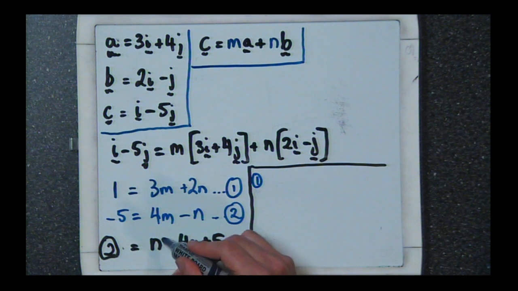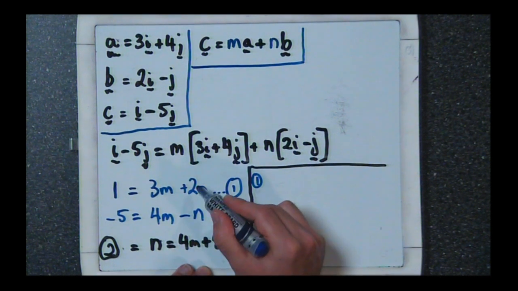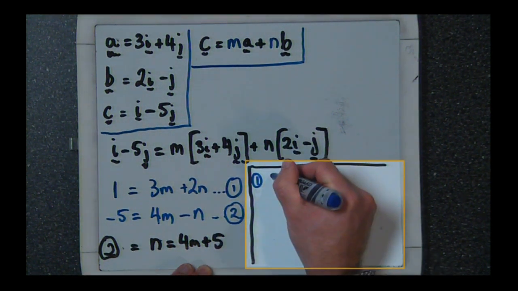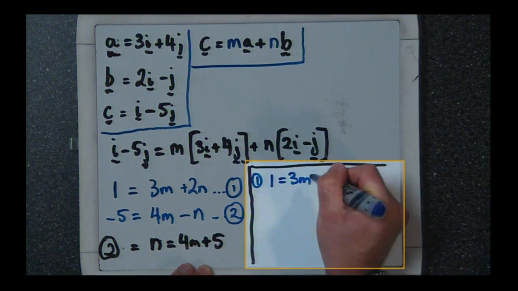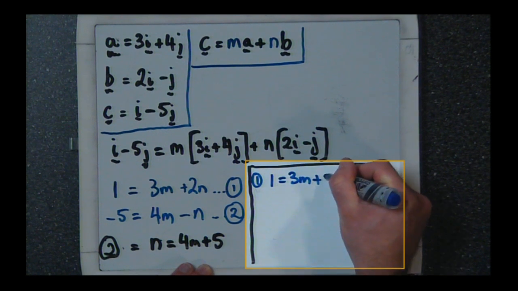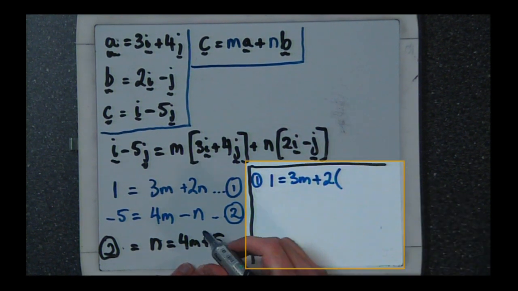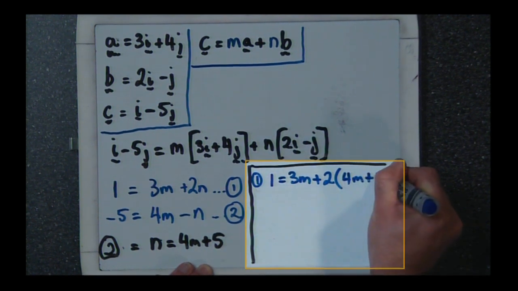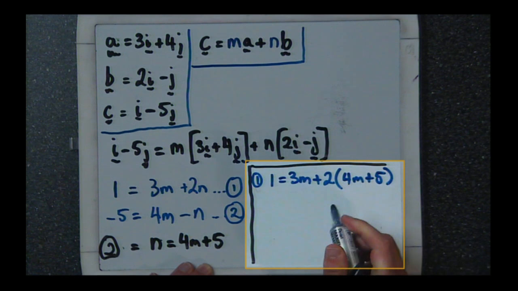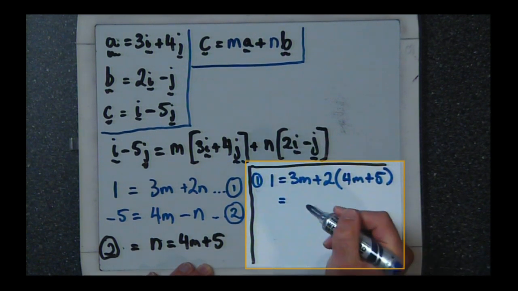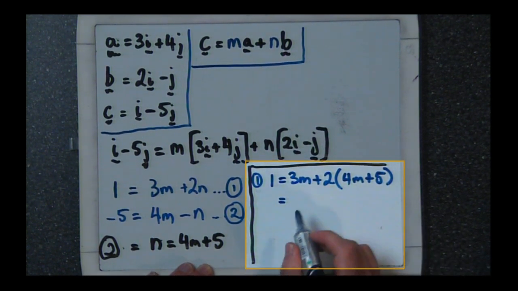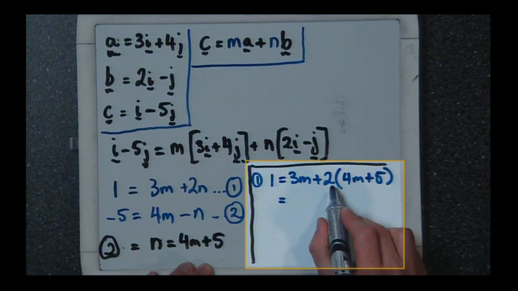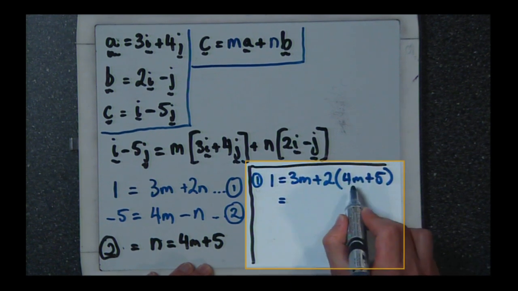This n is now going to be replaced by 4m plus 5. So we have 1 equals 3m plus 2 times n, which is 4m plus 5. Then we just have to do a little bit of algebra to solve for m. We've got 3m, and 2 times 4m, that's 8m.